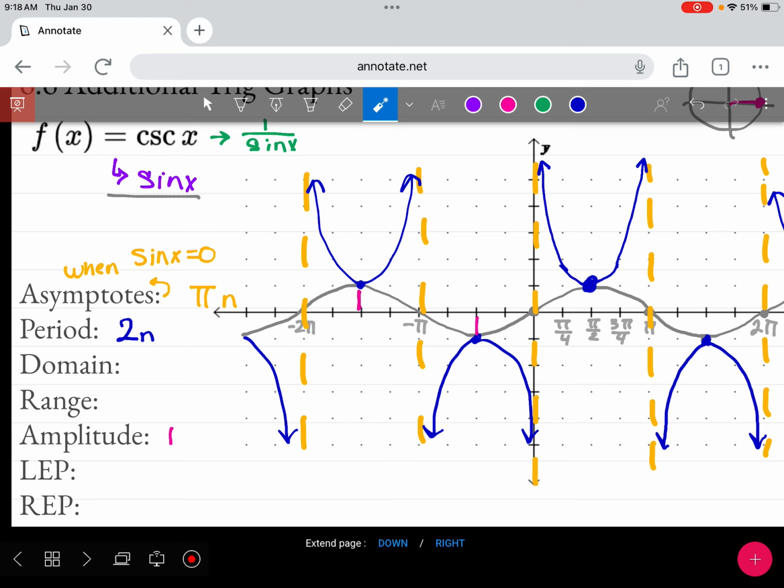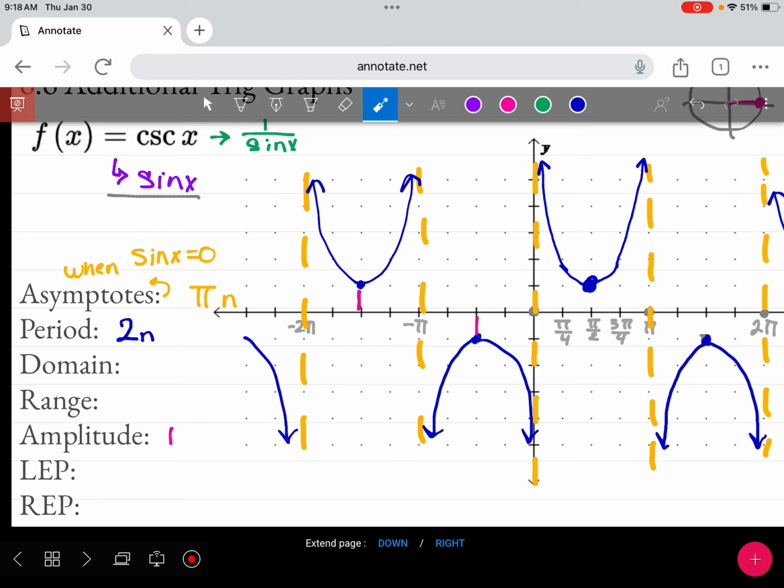When we're talking domain and range, it's a little bit different, because domain is really where our asymptotes come into play. They're important for graphing, but they're really important when we're talking domain. Thinking about our cosecant, I'm erasing sine for a second. What is our domain for cosecant? It's everything except for where our asymptotes are.